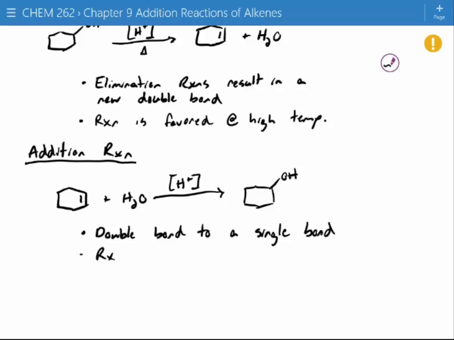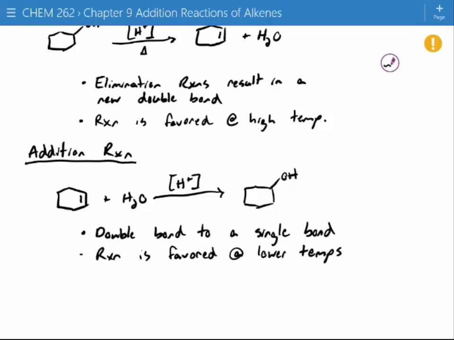And the reaction is favored at lower temps. And we'll talk more about this reaction and the mechanism behind this a little later.